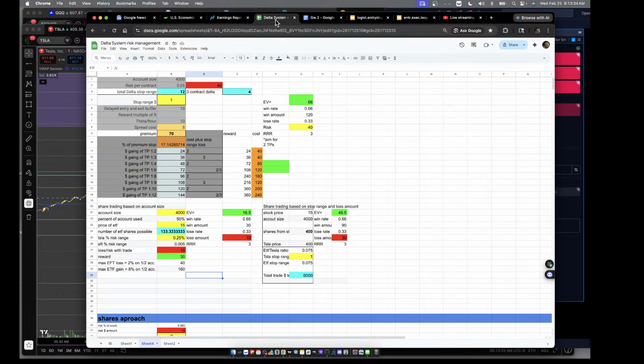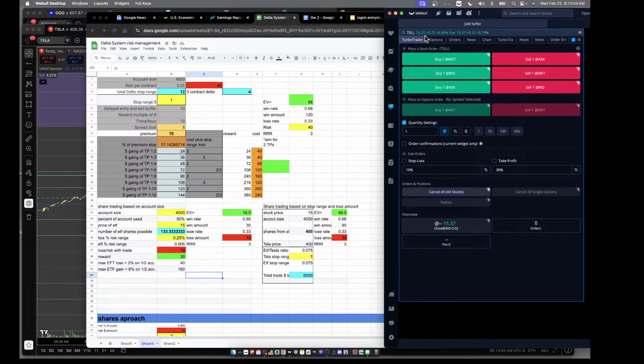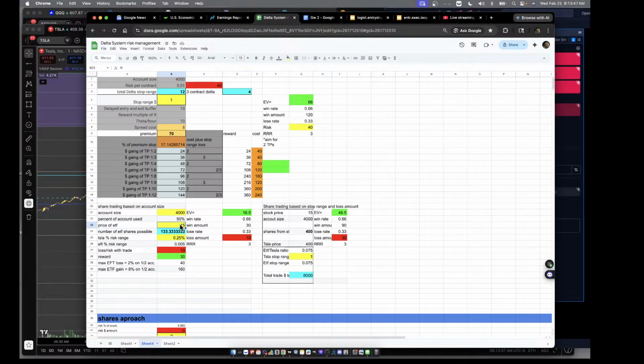And we'll use my calculator. The price of TSLL is 15.25. We plug that in here. This gives us how many shares? This amount of shares times this should equal about 2,000, which is half of the account. We can check that if you want.